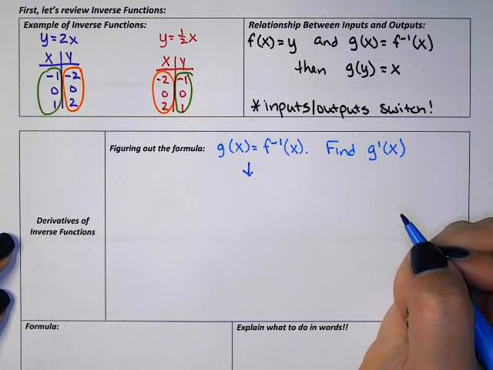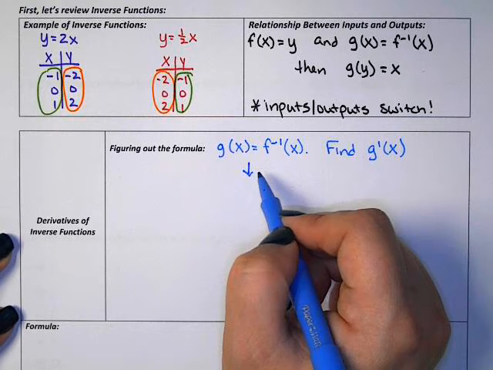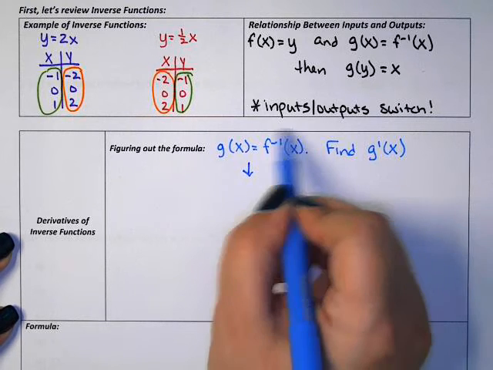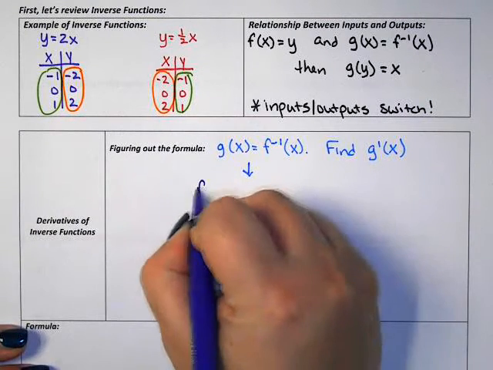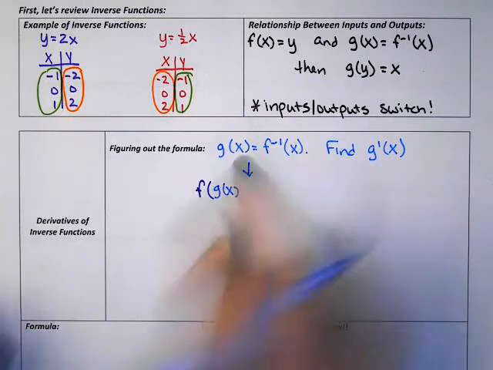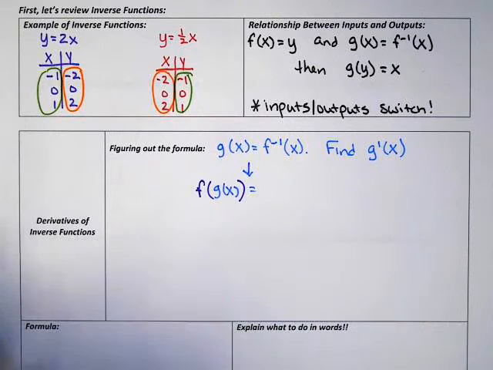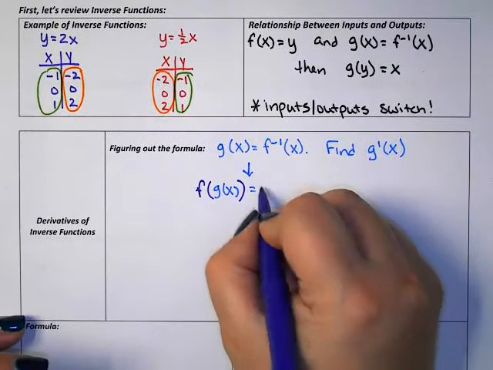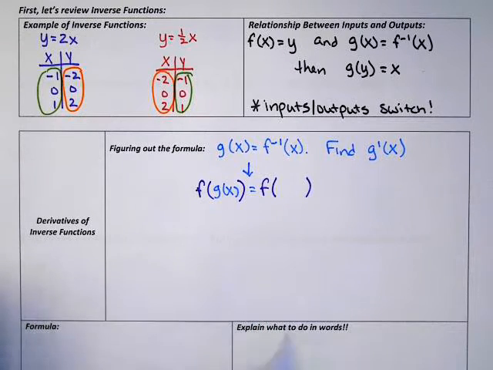So remember, inverses are the opposites. They undo each other. So if we were, say, adding 5 to both sides, if we subtract 5 from both sides, it would get rid of it. So if I'm doing an inverse function here, I'm going to take f on both sides. I know that sounds a little weird, but I'm going to show you what I mean. So I'm going to say f of g of x equals f of f inverse of x.